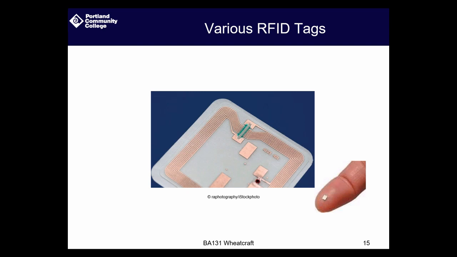Now, the one thing you'll notice about the RFID chip is there's no battery on it. There is no power to it. We'll talk about that in class. So how does it work if it has no source of electricity?